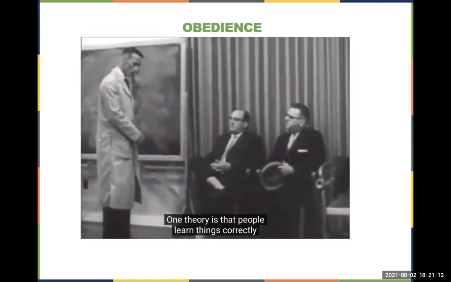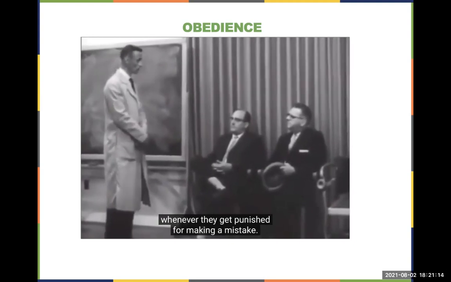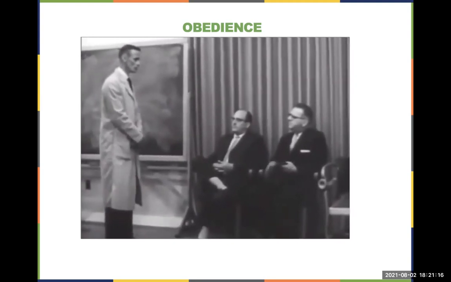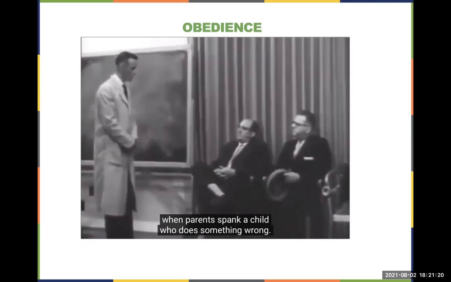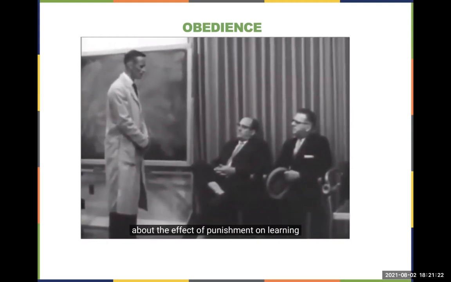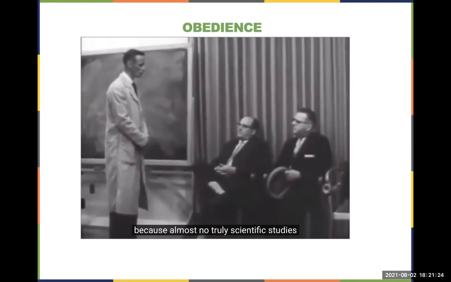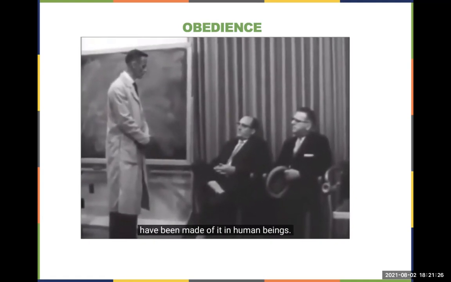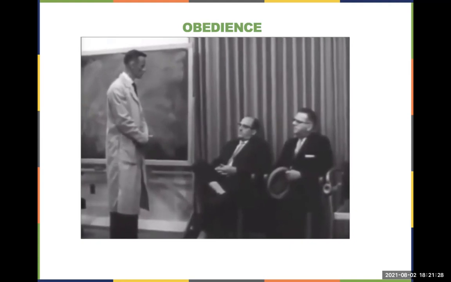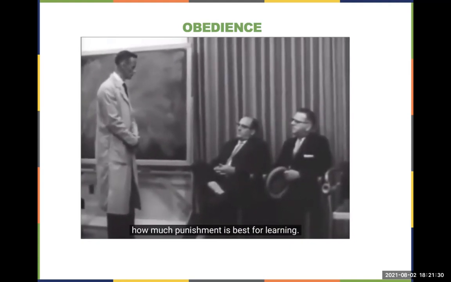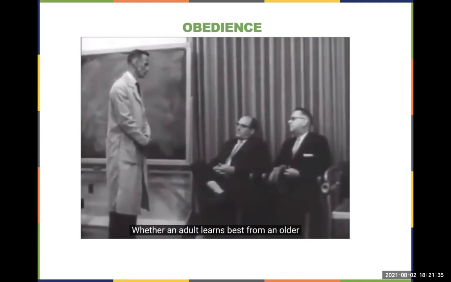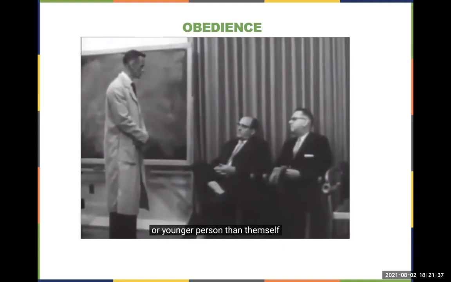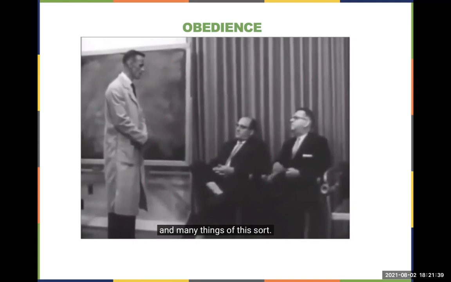One theory is that people learn things correctly whenever they get punished for making a mistake. A common application of this theory would be when parents spank a child who does something wrong. But actually, we know very little about the effect of punishment on learning because almost no truly scientific studies have been made of it in human beings. For instance, we don't know how much punishment is best for learning. And we don't know how much difference it makes as to who's giving the punishment, whether an adult learns best from an older or a younger person himself, and many things of this sort.